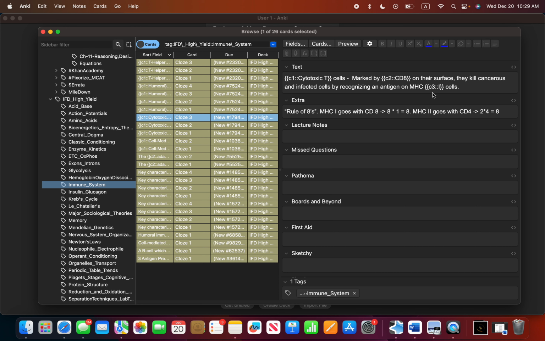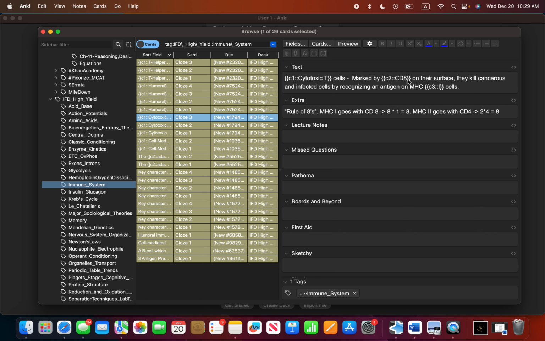So they recognize MHC1 because there's CD8, 8 times 1 equals 8. You want the total score to be 8, right? And if there is an MHC2, it goes with CD4.